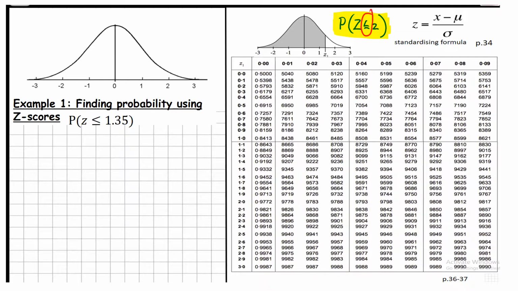If it's not less than or equal to, we cannot use the tables as they are, and we're going to see that over the next 2 examples.